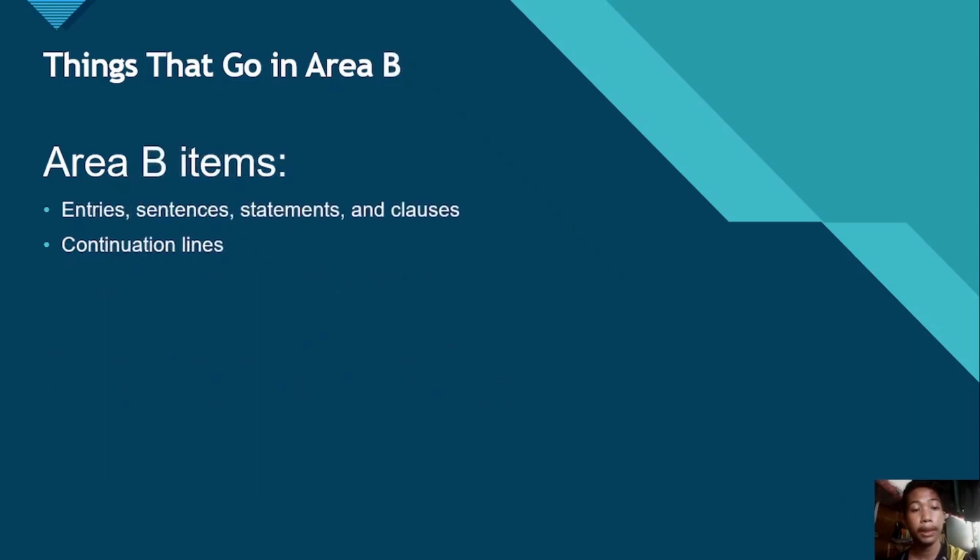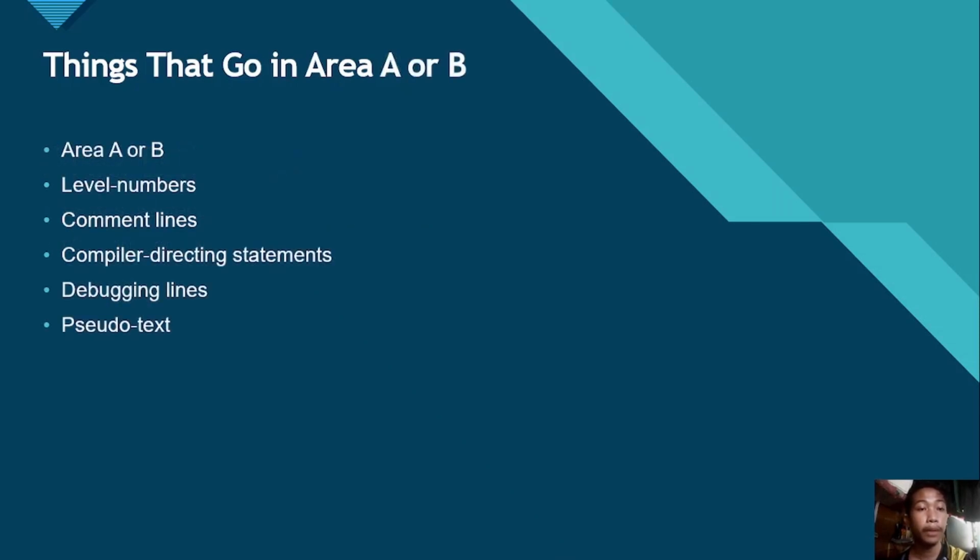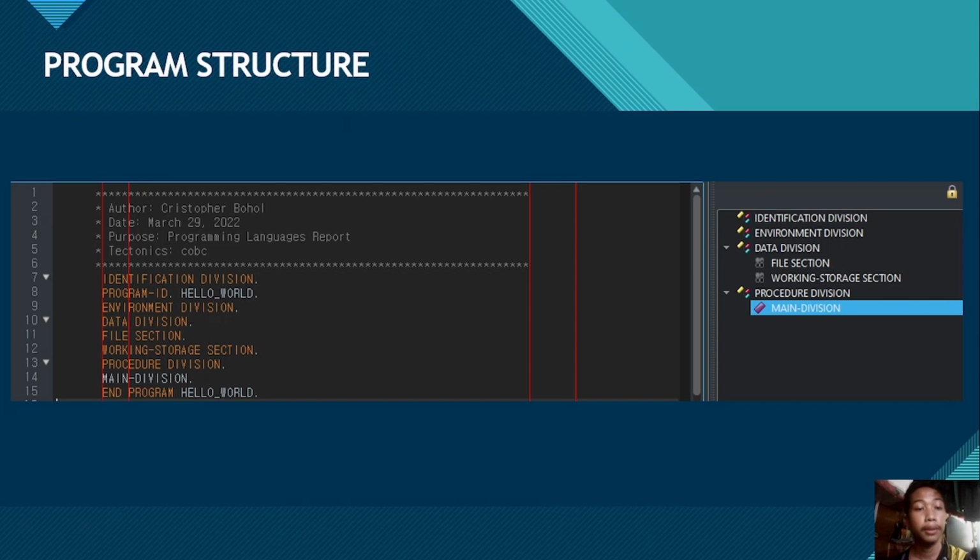In area B items, they are entries, sentences, statements, clauses, and the continuation lines. So things that go in area A or B: these are level numbers, comment lines, the compiler directing statements, the debugging lines, the pseudo text.